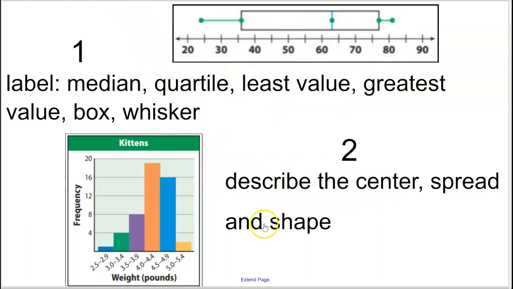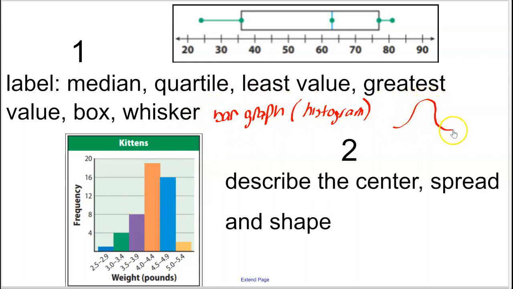Now describe the center, spread, and shape. When you guys look at something like this, this is a bar graph. And because it's using frequency, sometimes it'll be called a histogram. So in that case, what's important for you guys is to look at data like this and to see if it looks like this, like a bell.